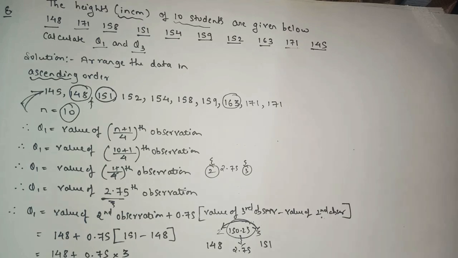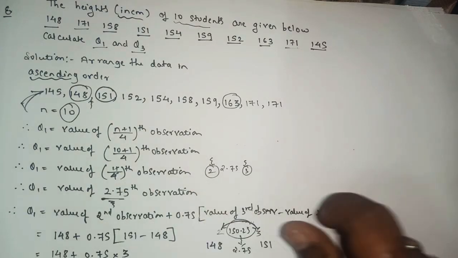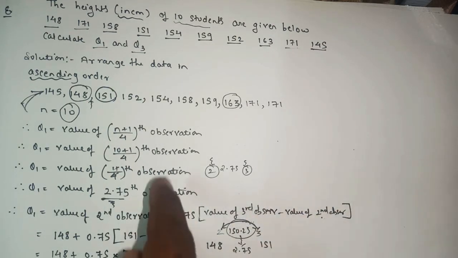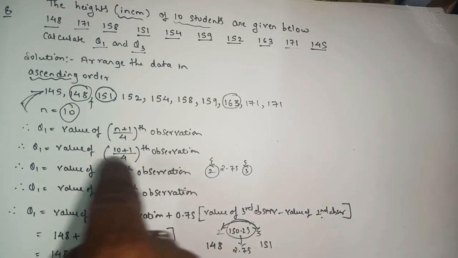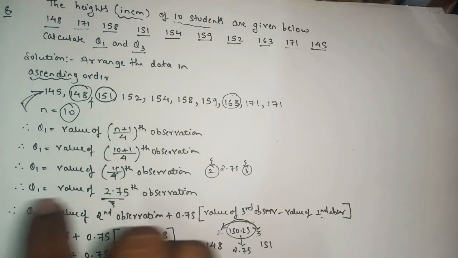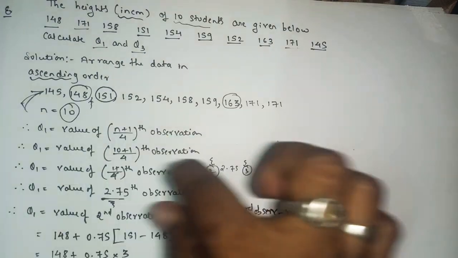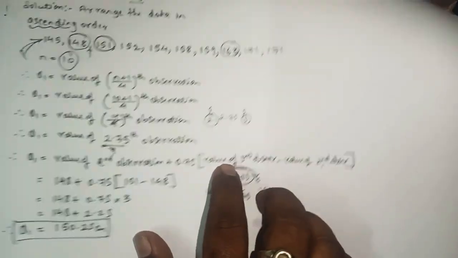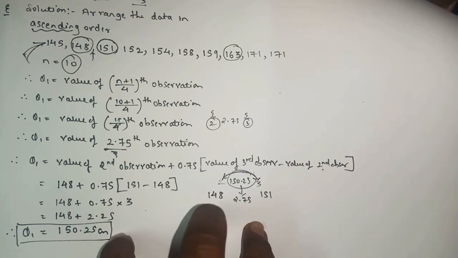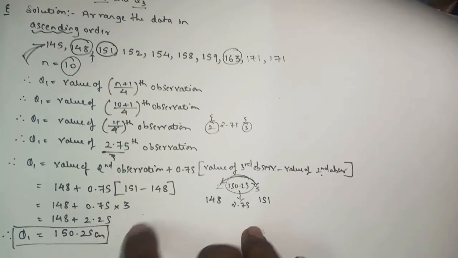But whenever you get the answer in decimal, this is the proper method: first you have to frame the formula with respect to the value you get here. Break the number, split the number, frame the formula, substitute the value, and then find the answer. And don't forget to write the unit.